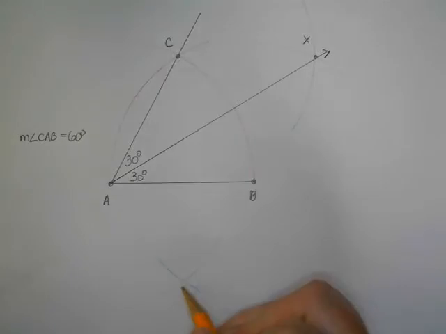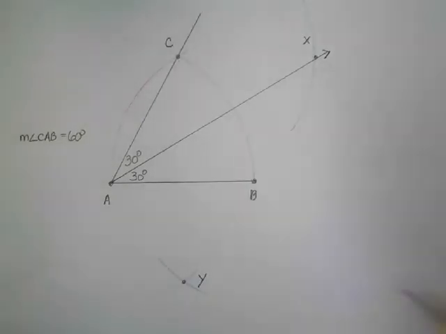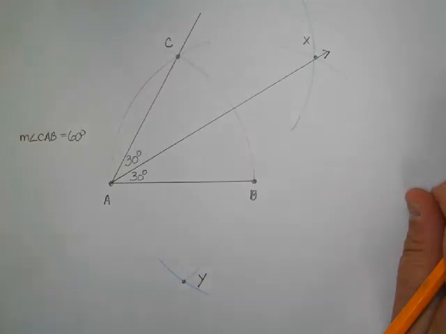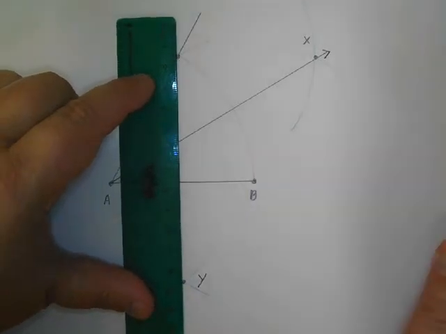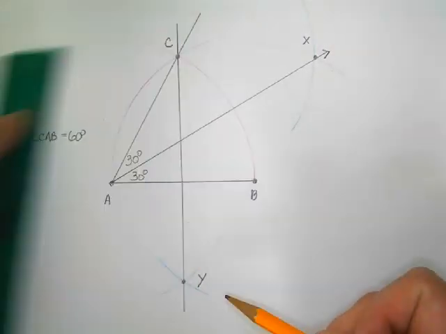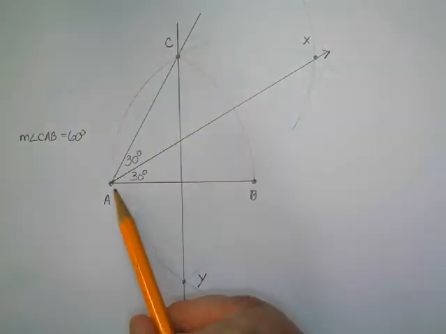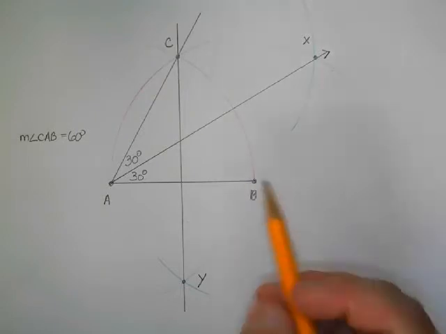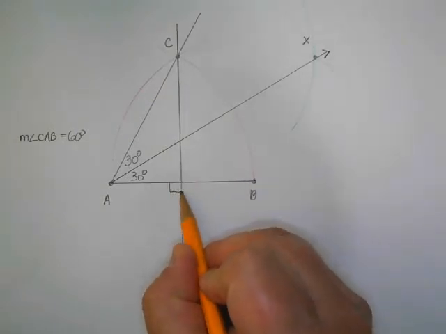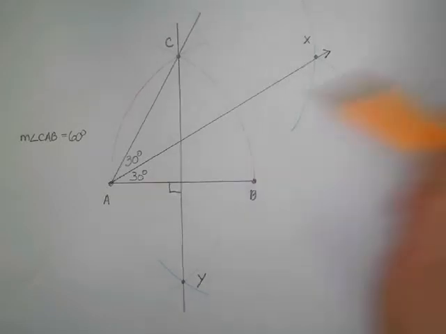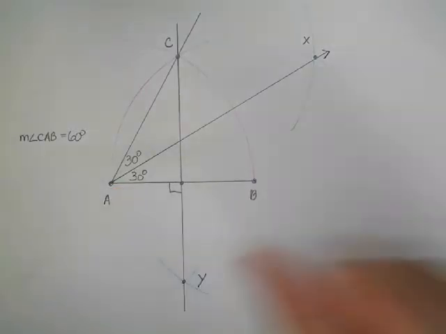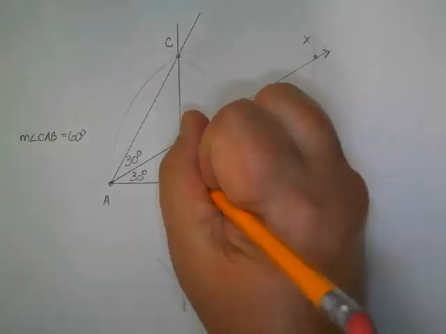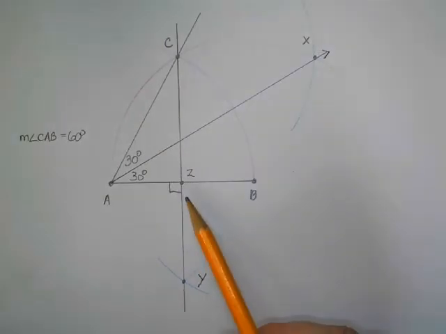I am going to label the intersection point Y. And now I'm going to use a straight edge and draw in line CY. CY is the perpendicular bisector of AB. Now I'm mostly interested in this right angle right here. But I am going to label this point, the midpoint of AB, since this was a bisector, Z, just for notation.